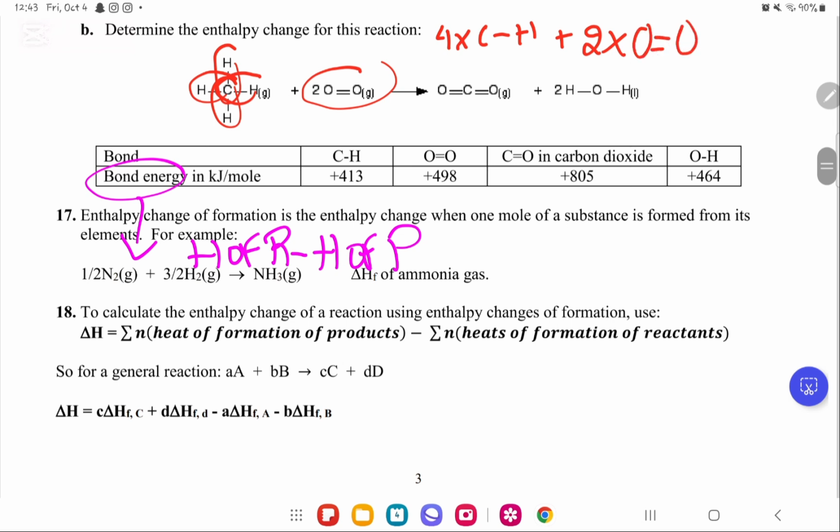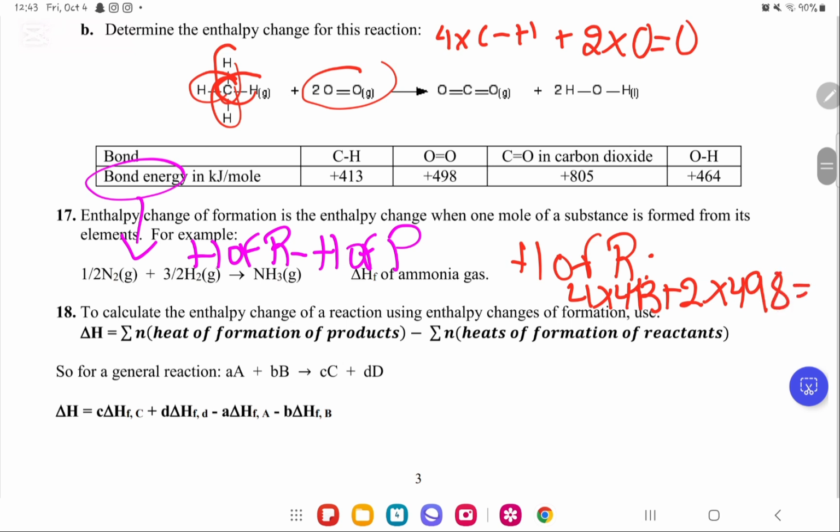So this is our heat of reactants. So heat of reactants is equal to 4 times CH, which is 413, plus 2 times O double O, 2 times 498, which is then what?